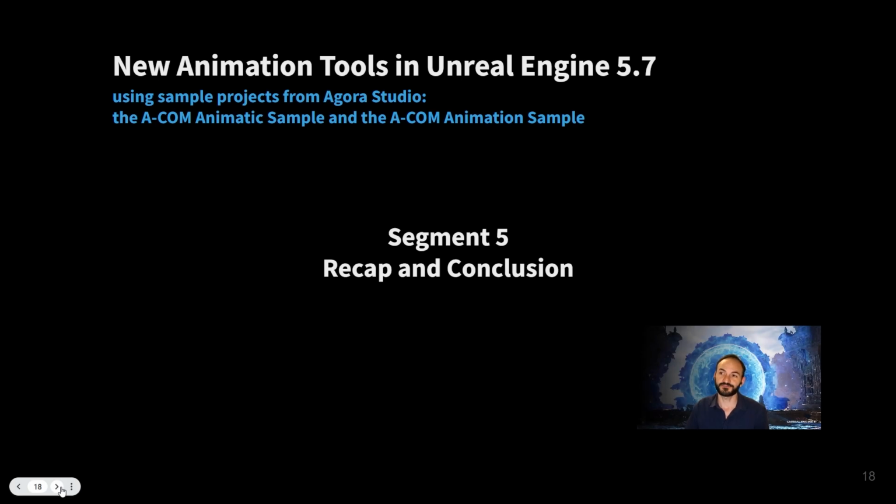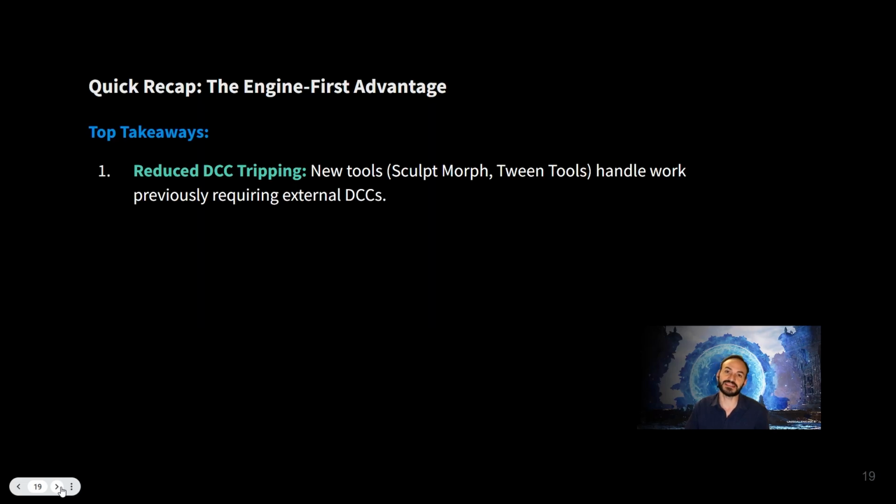Final segment, recap and conclusion. A quick recap. The top takeaways would be the reduced DCC tripping. The new tools like the Sculpt Morph and the Tween tools handle work previously requiring external DCCs, digital content creation tools. Now, as you have seen, we do not need them as much as we needed them with previous versions of Unreal.